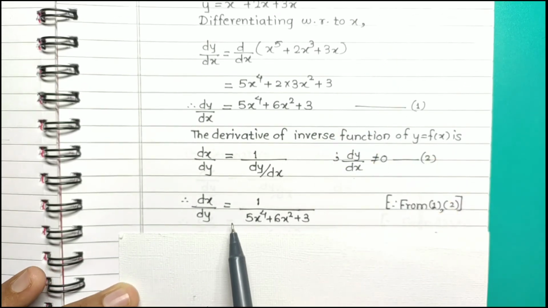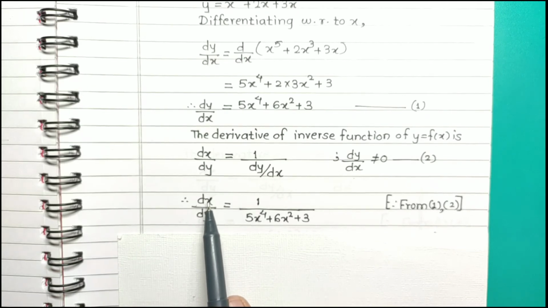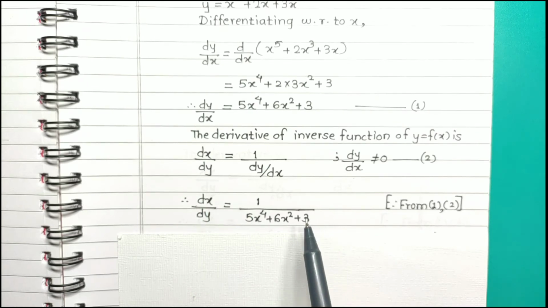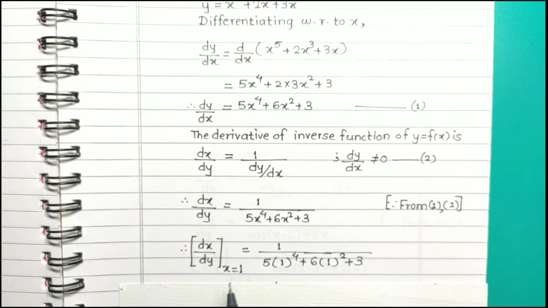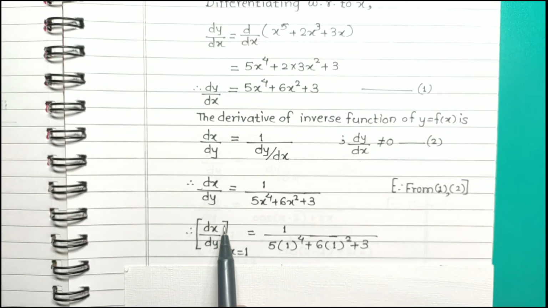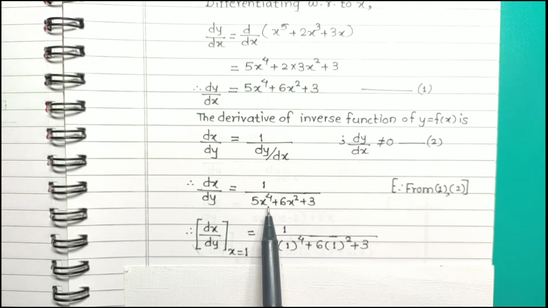Now this is the derivative of the inverse of the given function, and we have to find it at x is equal to 1. So at x is equal to 1, we write this symbolically like this: dx by dy in square brackets, and at the base you write x is equal to 1. This is the derivative of x with respect to y at x is equal to 1, and for this you replace x by 1.